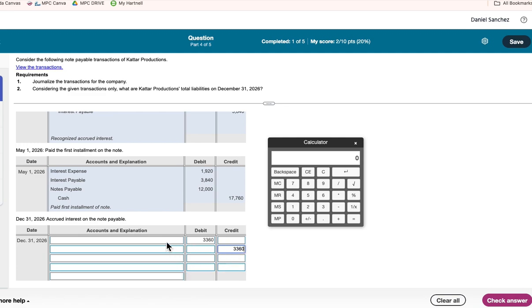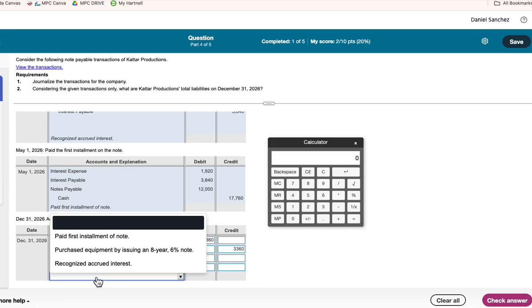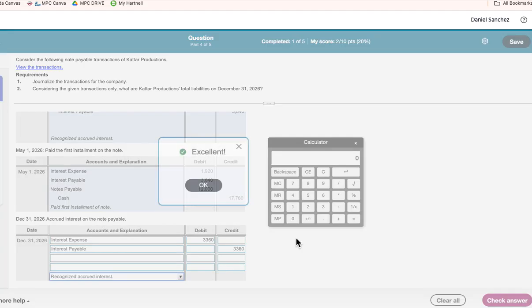That sounds way better to me. And this is going to be our interest expense and our interest payable. And this is going to be our recognizing accrued interest for the new year.